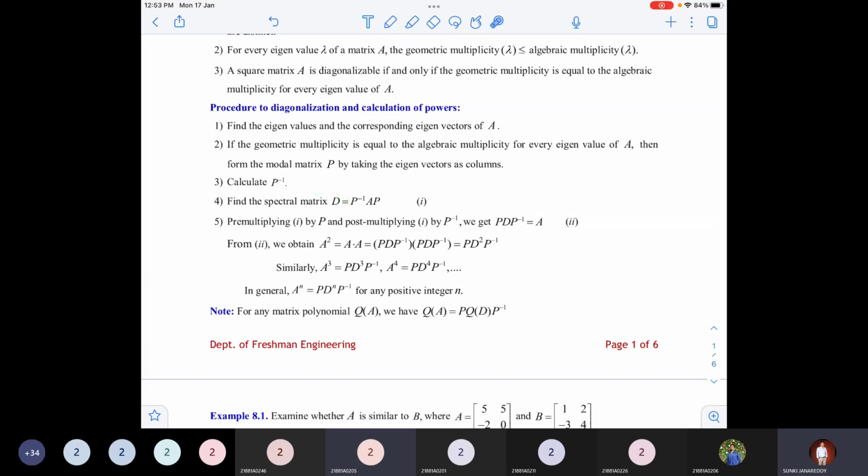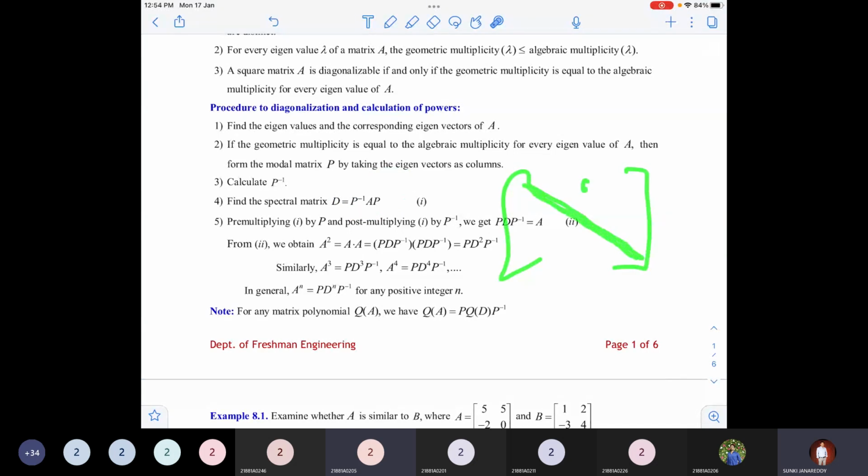After that, we can write the diagonal matrix. How to write the diagonal matrix? P inverse A P. A is the given matrix. P inverse comes from the model matrix, so we write P inverse AP. By multiplying these three, 100% you can get the diagonal matrix. In the diagonal matrix, the eigenvalues come.